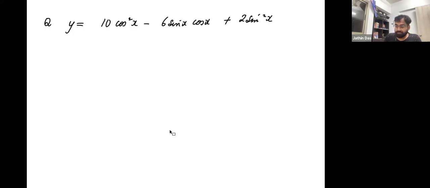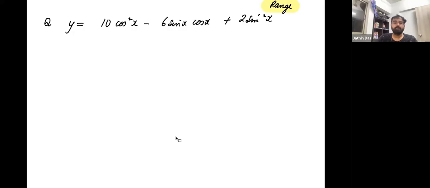Find the range. To bring it to a format, now it can be anything. It's not the same type I've taught you. I've taught you many types. Think what type you can bring this one to.